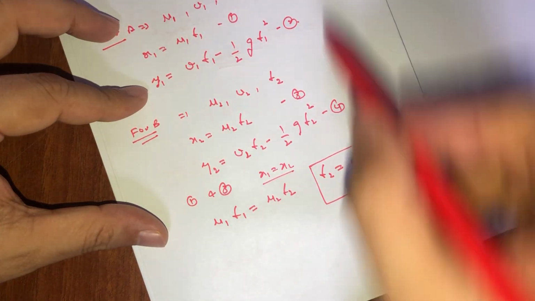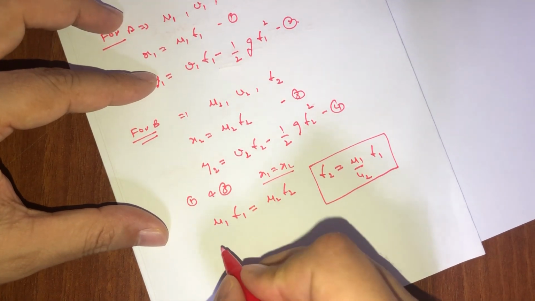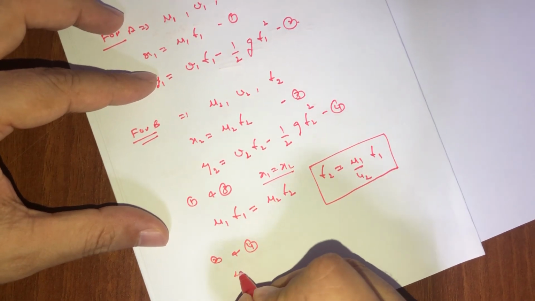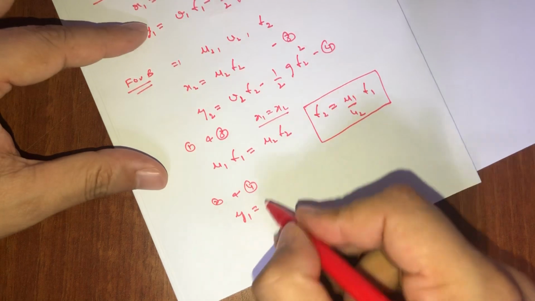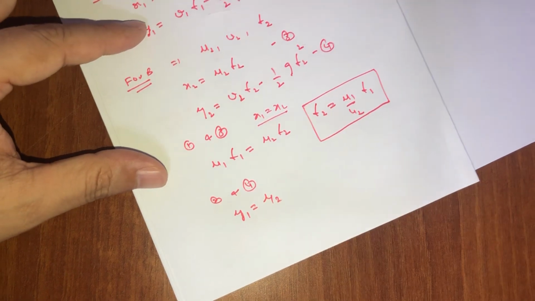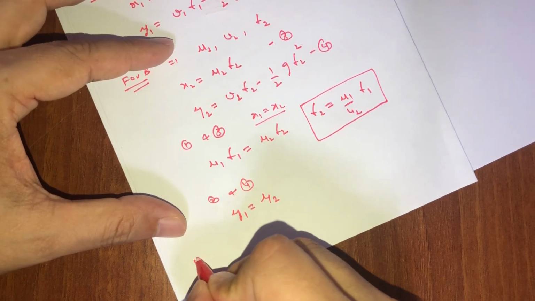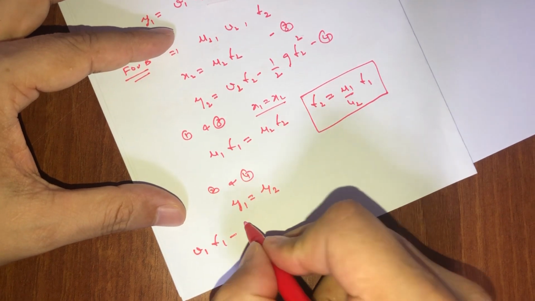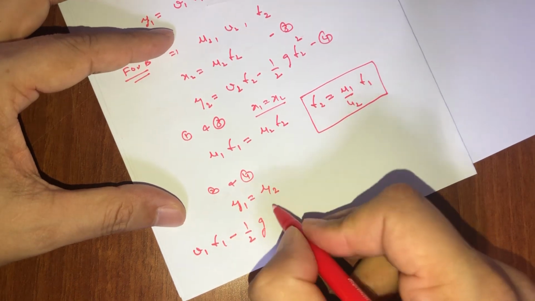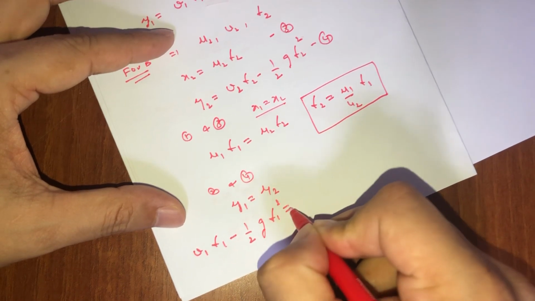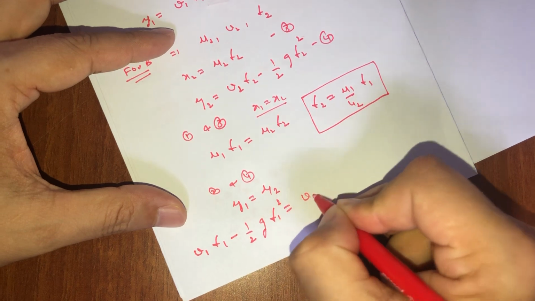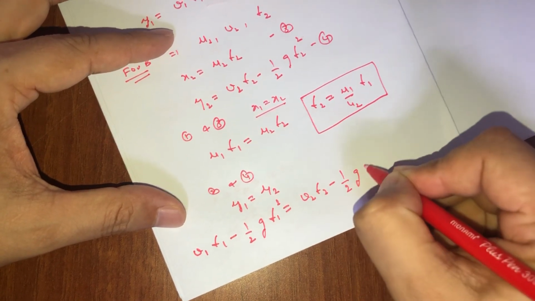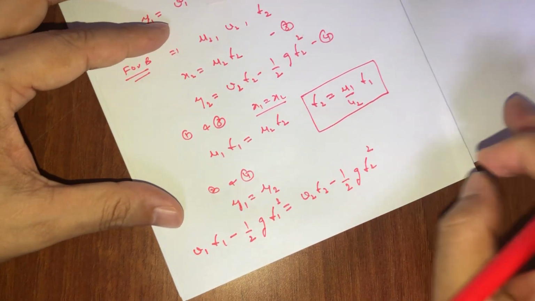Also the vertical distance traveled by both is the same, so from equation 2 and equation 4, y1 is equal to y2, and we get v1 t1 minus 1/2 g t1 square is equal to v2 t2 minus 1/2 g t2 square.